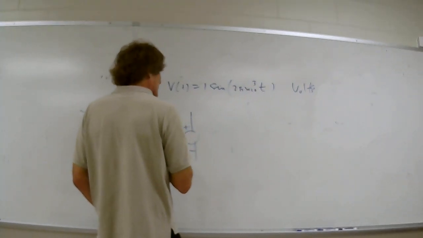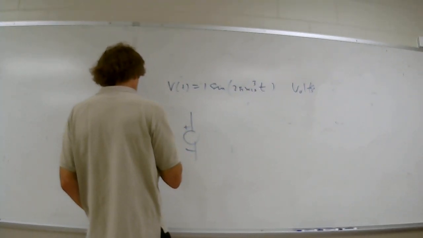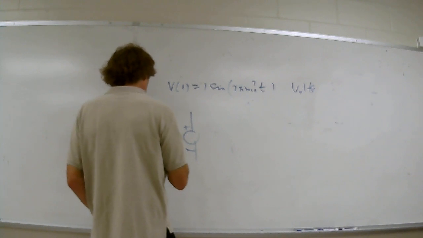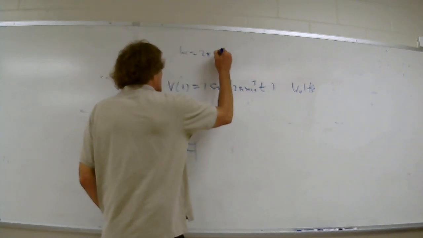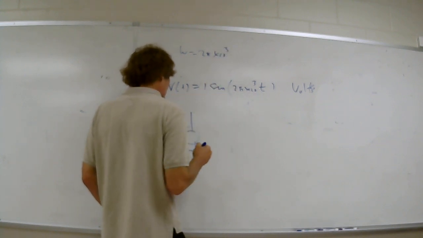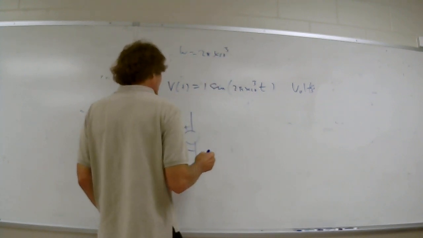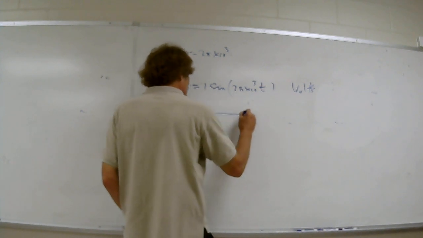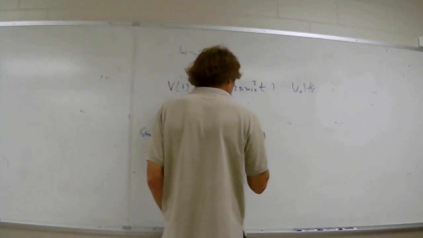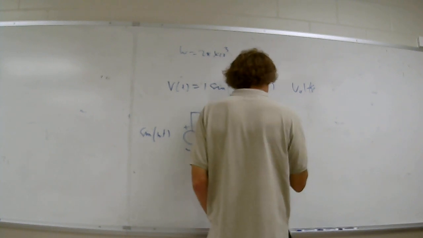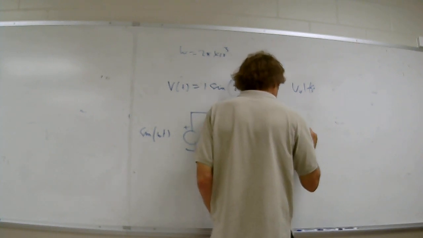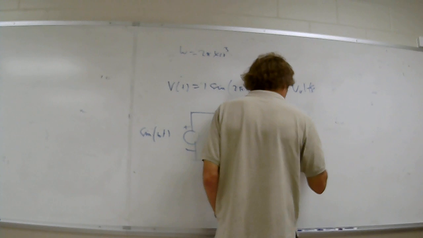voltage source here. That's equal to just sine of omega t. Omega here is 2 pi times 10 to the third, and that would be in radians per second. Next, I'm going to put the capacitance here, and the capacitor value is simply epsilon A over d.